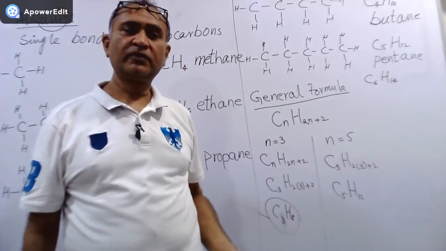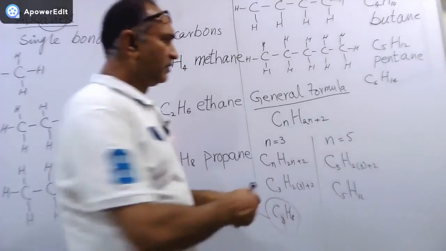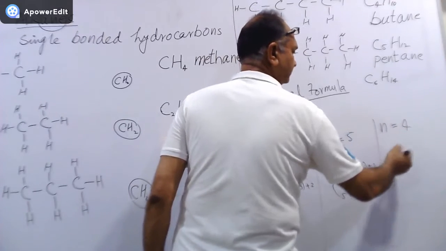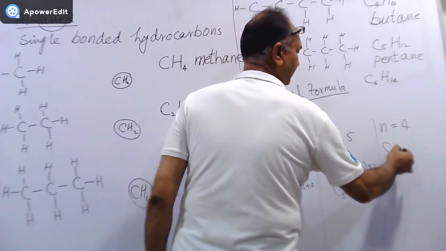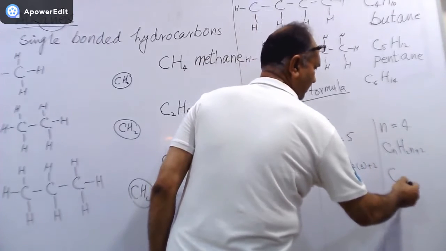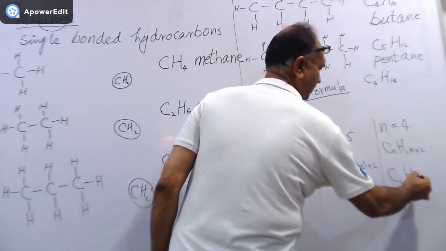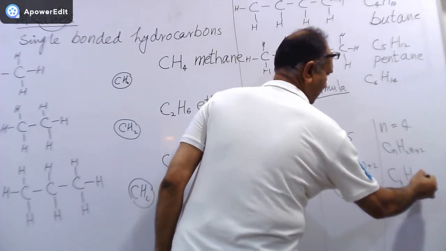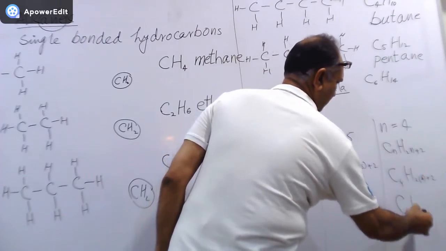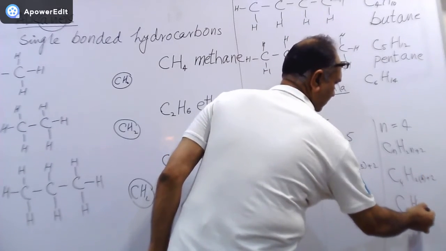C4H10. Okay? If n is equal to 4, then CnH2n plus 2 can be written as C4H10.